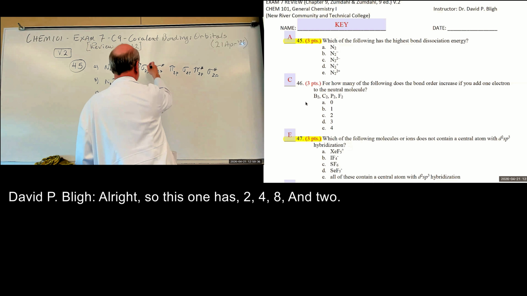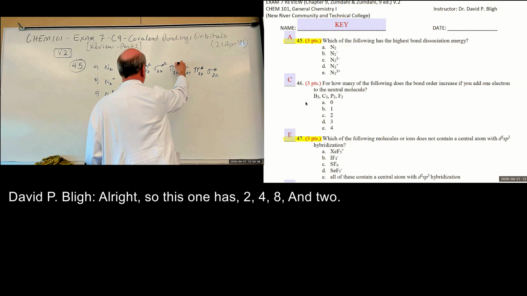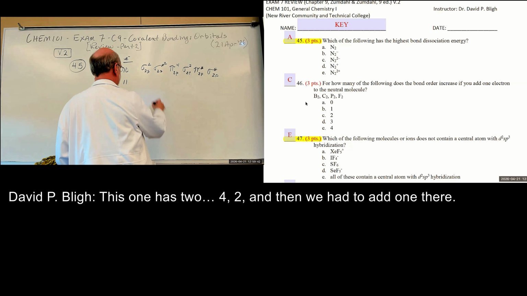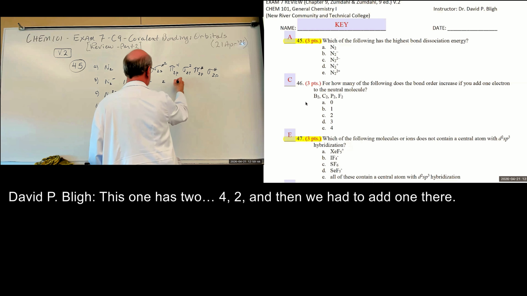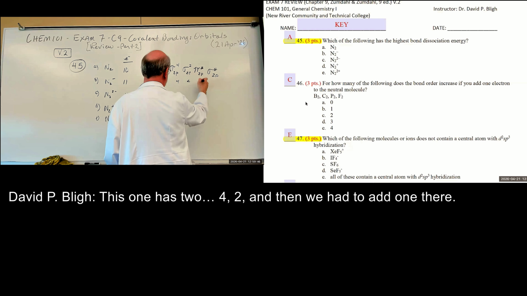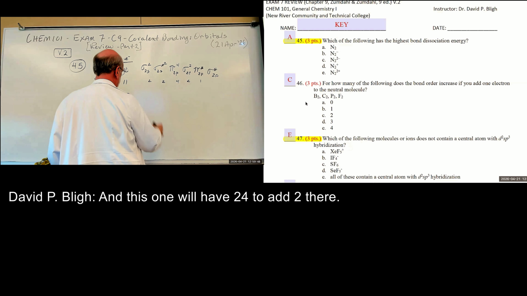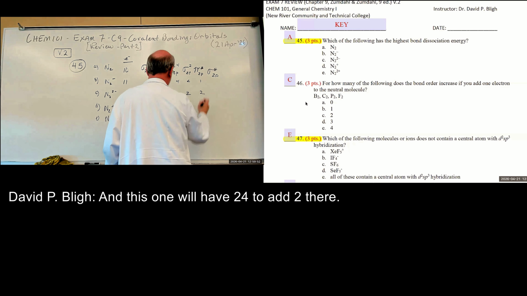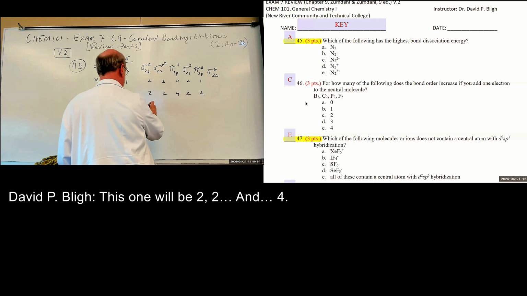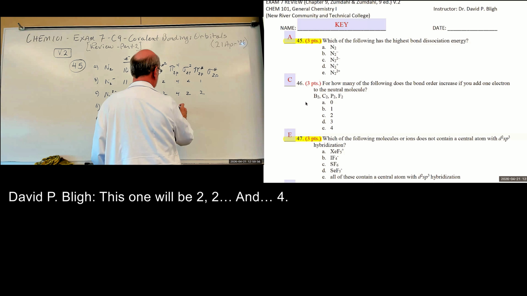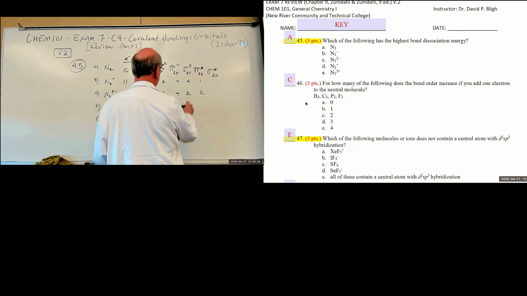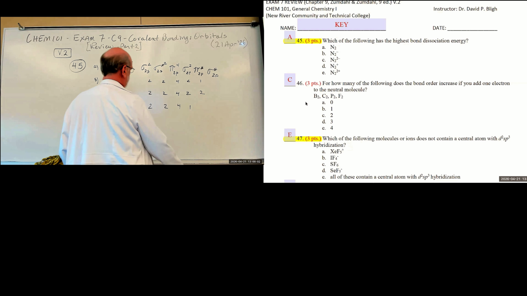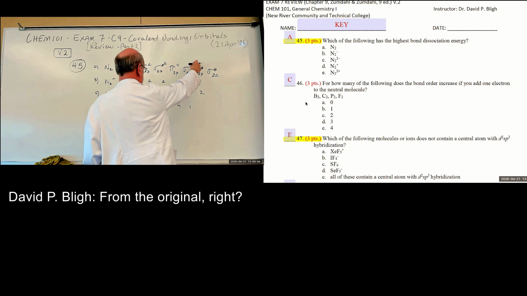All right, so this one has 2, 2, 4, 2, 8. This one has 2, 2, 4, 2, and then we had to add 1 there. And this one will have 2, 2, 4, 2, and we'll add 2 there. This one will be 2, 2, and 4, and we take away 1 from the original.